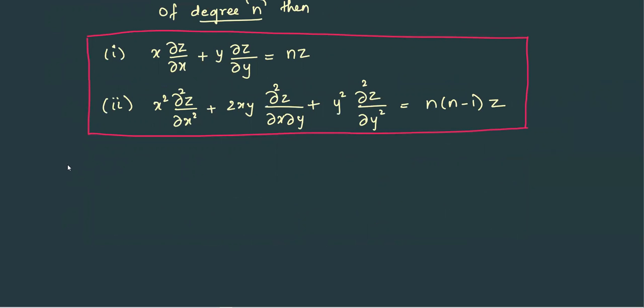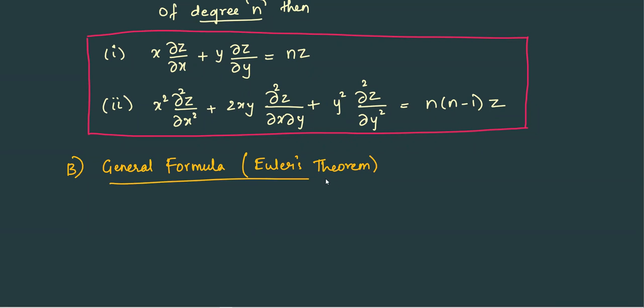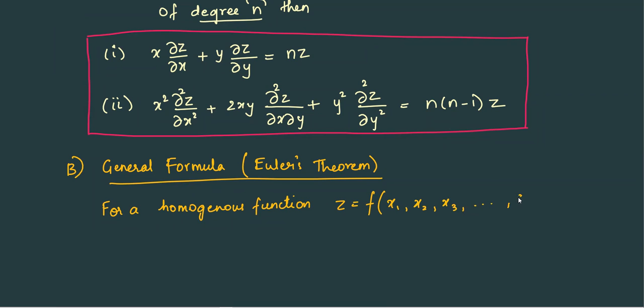If there is a function of k variables, for a homogeneous function, z is equal to f of x1, x2, x3 up to xk.